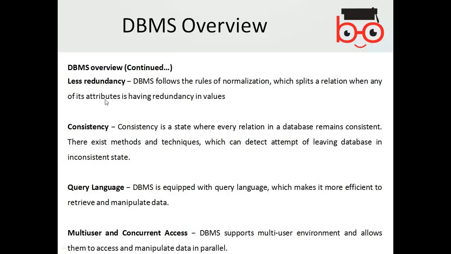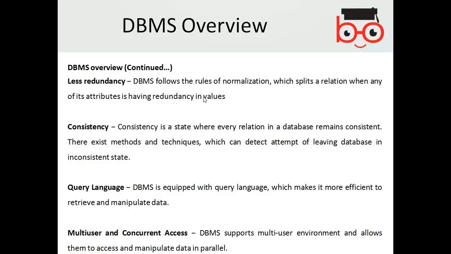Less redundancy. Database management systems follow the rules of normalization, which splits a relation when any of its attributes has redundancy in the values. Redundancy is the duplication or reoccurrence of values.